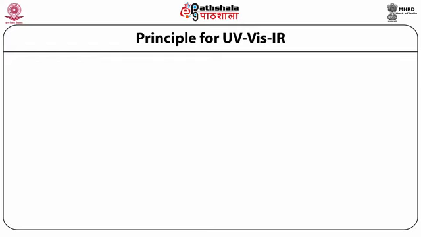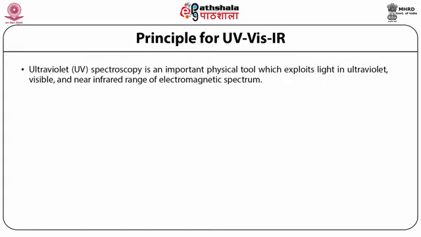Let us now discuss the principle of UV visible spectroscopy. Ultraviolet UV spectroscopy is an important physical tool which exploits light in the ultraviolet, visible, and near infrared range of the electromagnetic spectrum.